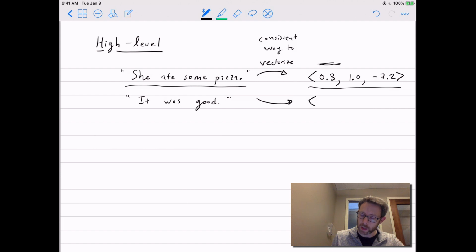However we vectorize this other document has to preserve the meaning of the coordinates so that the coordinates can be compared mathematically. And that's a very vague and general statement. So as we get into Tf-Idf vectorization, that will make a little bit more sense.